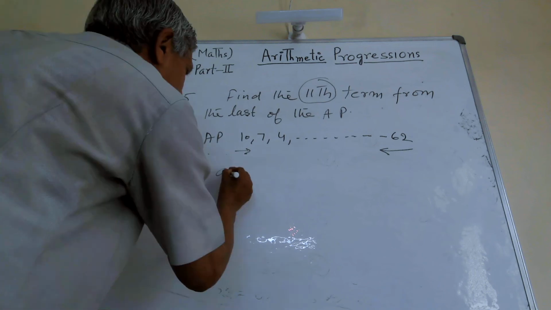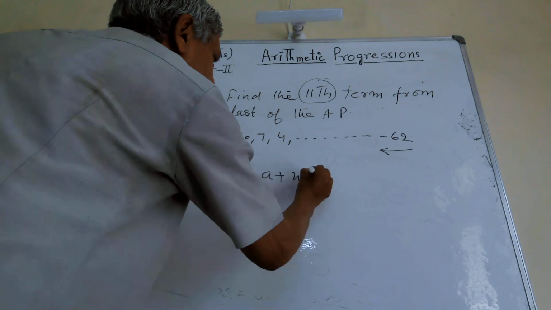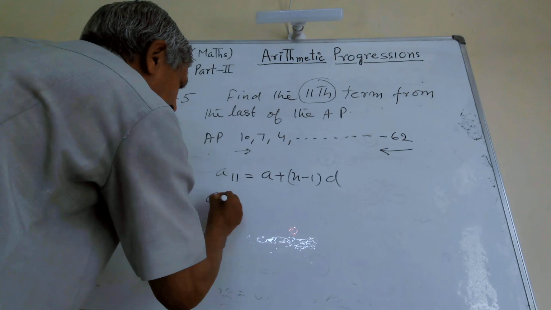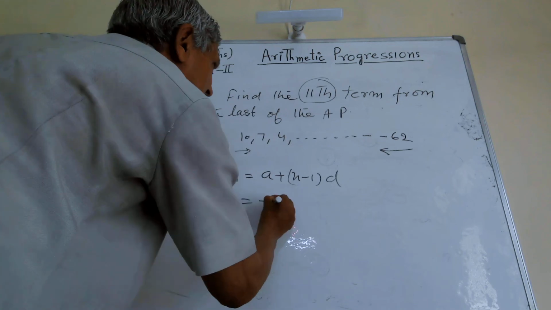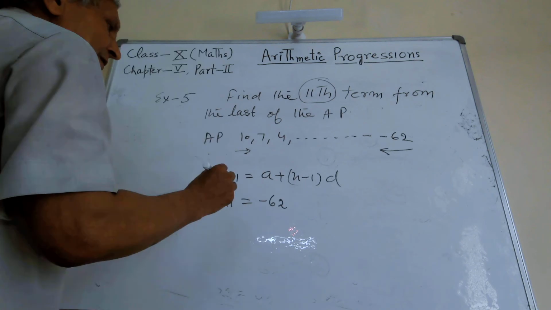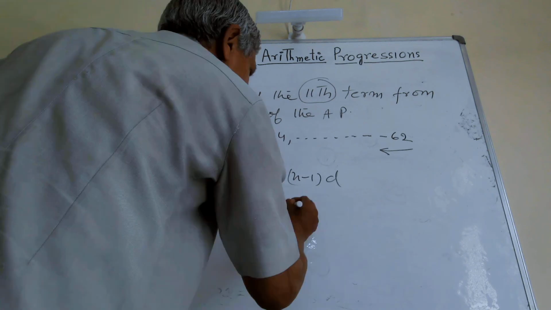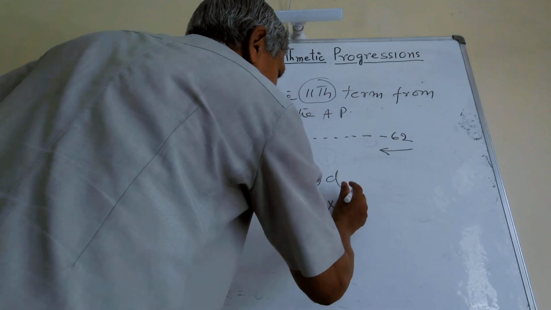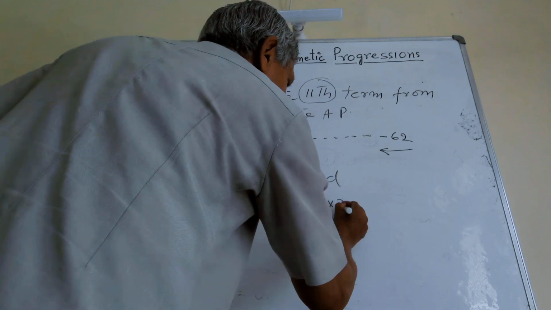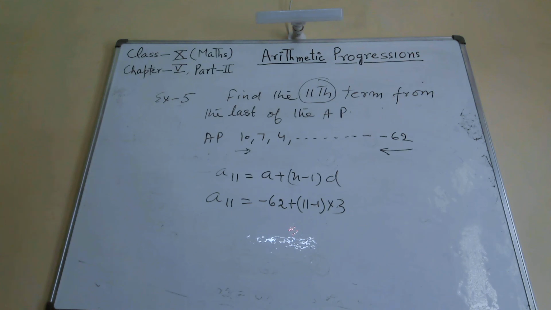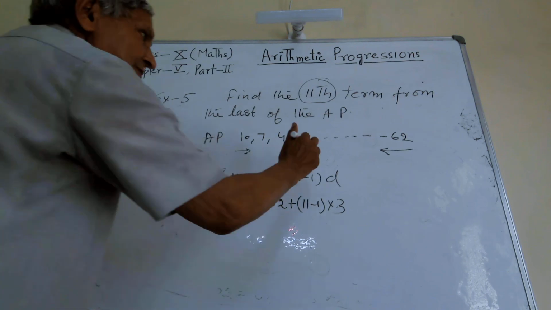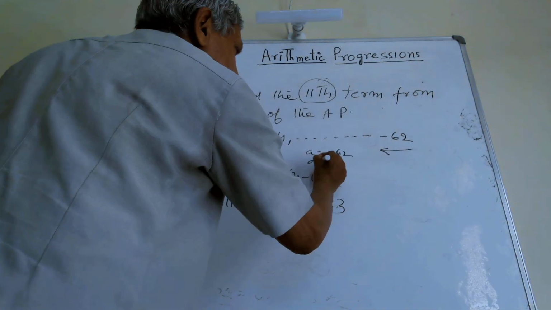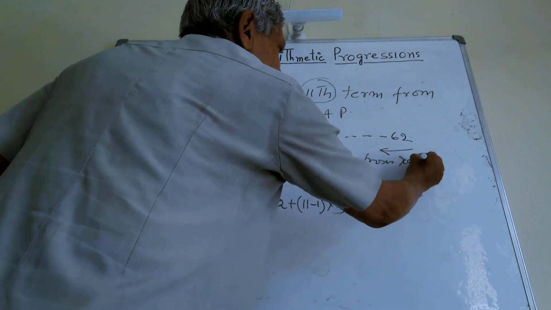A11 is equal to A plus n minus 1 into D, that is minus 62 plus 11 minus 1 into 3. We found from the reversed series that A is equal to minus 62 and D is equal to 3.